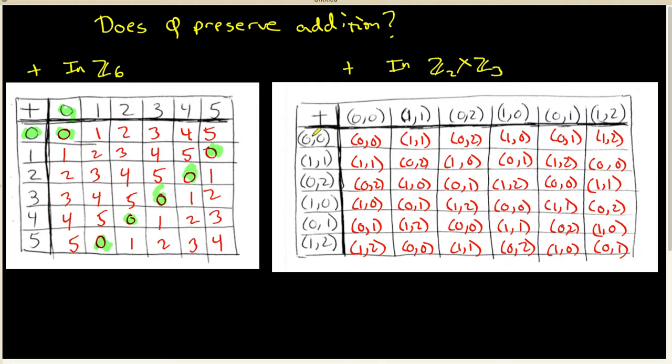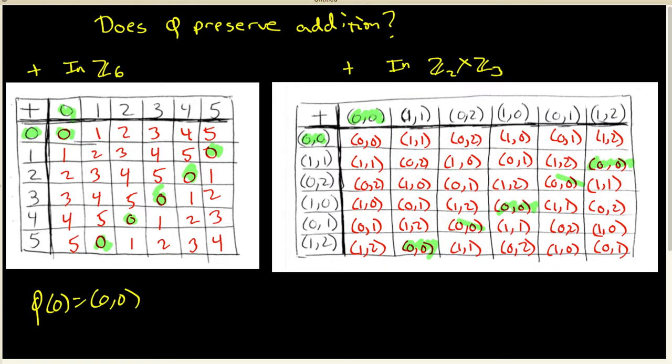Now I'm going to pick up the zero over here, because if you remember, phi of 0 was equal to (0, 0). So I'm going to color all of the zeros in this table that same green color. And you'll notice that they fall in exactly the same pattern.